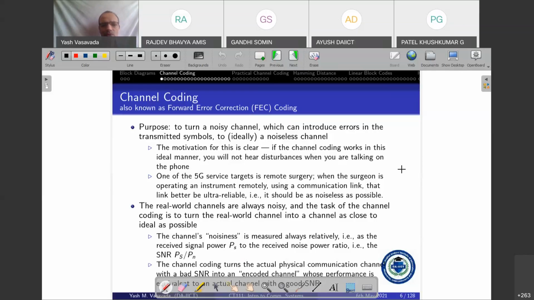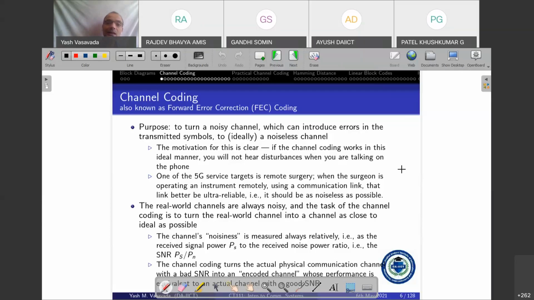So the channel coding takes an actual physical channel which has maybe not as high an SNR. Maybe it's not completely noiseless. SNR is probably not infinity. SNR is more like maybe 10 or 20 in terms of the ratio.